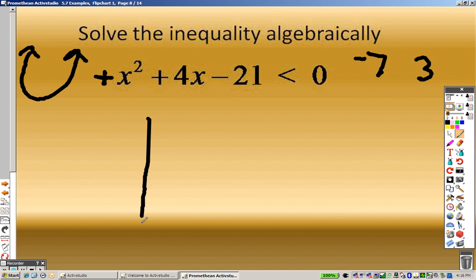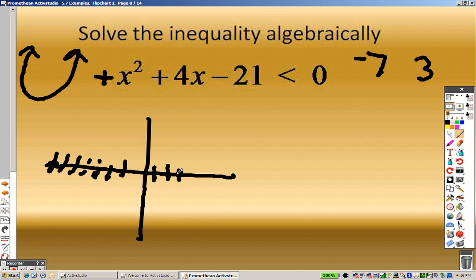So a rough sketch of my parabola would mean at negative 7 it crosses, and at 3 it crosses. So my rough sketch of a graph would look like this.